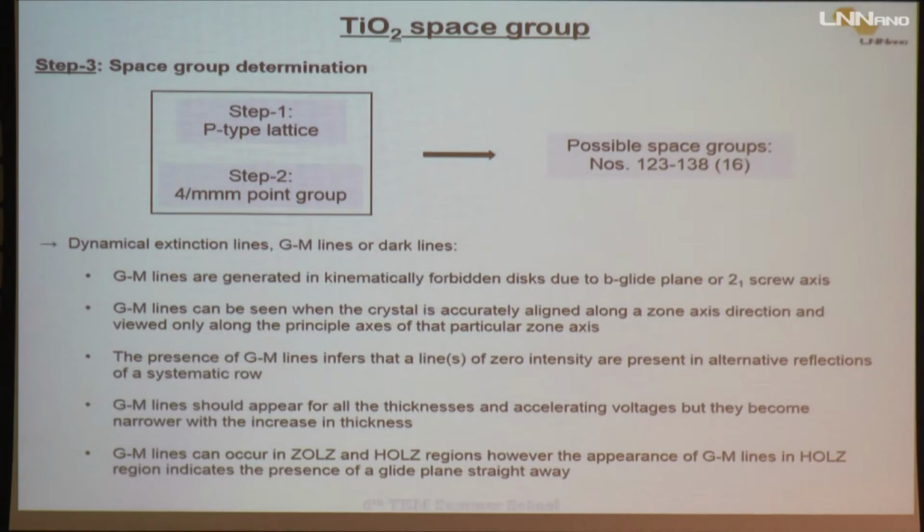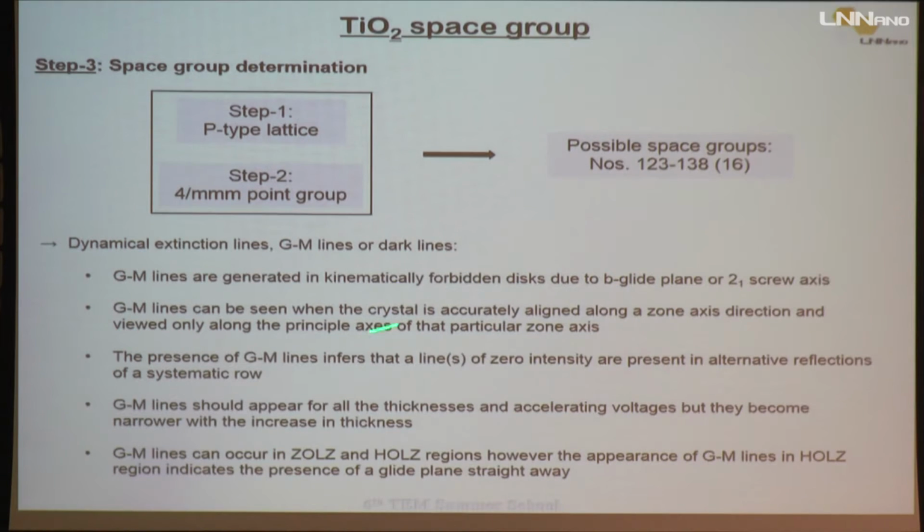In general, these GM lines are generated by kinematically forbidden reflections. If your diffraction pattern has any kinematically forbidden reflections, such as if you are working on silicon, 0002 is a forbidden reflection in silicon, there is a possibility to see a GM line in that reflection, and it occurs due to dynamical scattering.